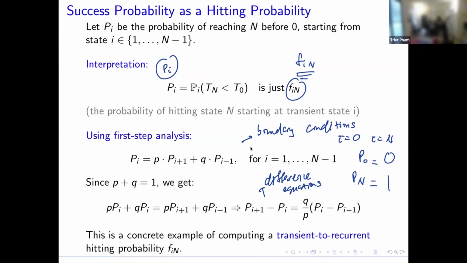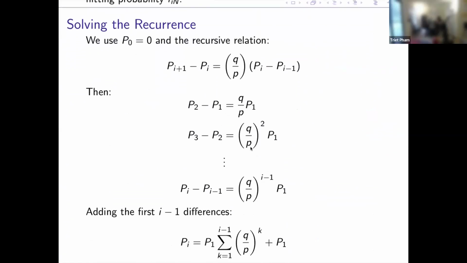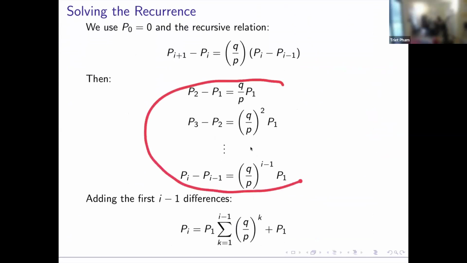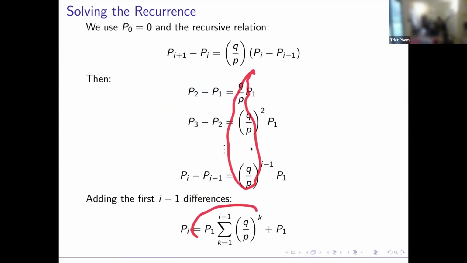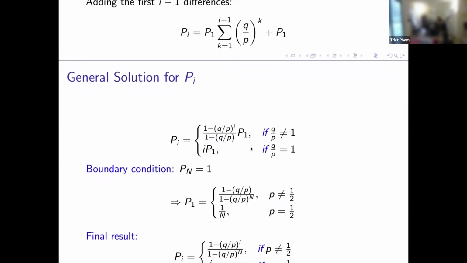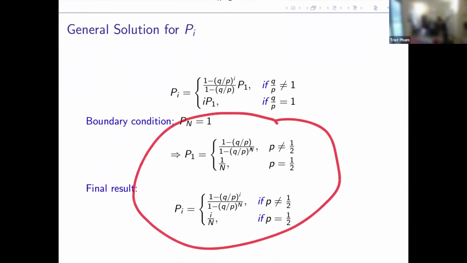But here, lucky for us, the structure is very nice in the sense that this is a telescoping sum, and this is a power series. This is a geometric series. Coupled with the boundary condition, you can solve for all of these accordingly.